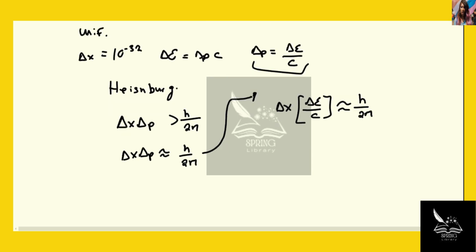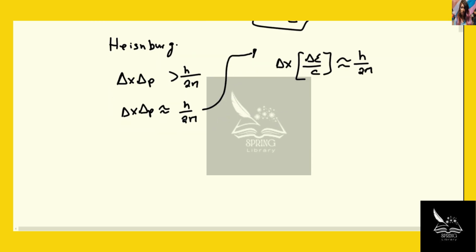Okay. And now we can solve for the delta E, which is going to be, oops, it's not quite equal, it's equivalent to, there we go, h bar, your Planck constant, times the speed of light over 2 pi times delta x.